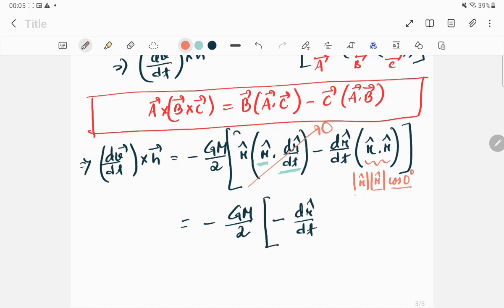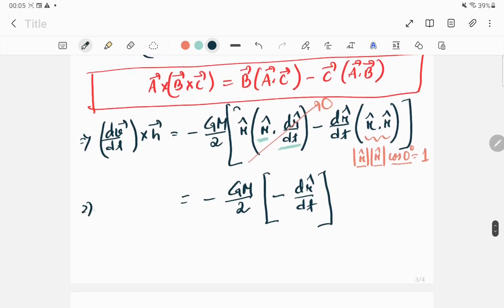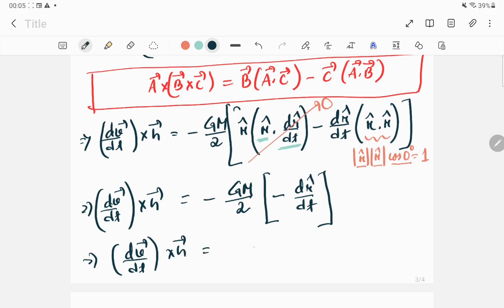So this is 1, this is also 1, this is also 1. Finally the whole thing is equal to 1. So this part becomes 1. So finally we can write dv dt cross h vector equals plus gm by 2 dr cap dt.